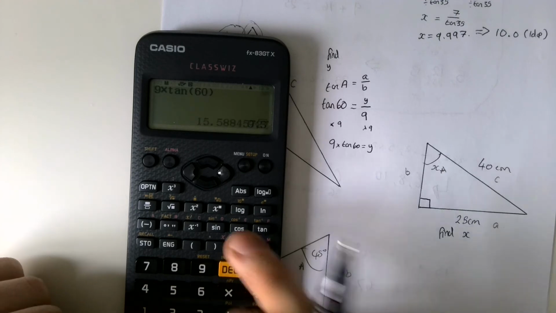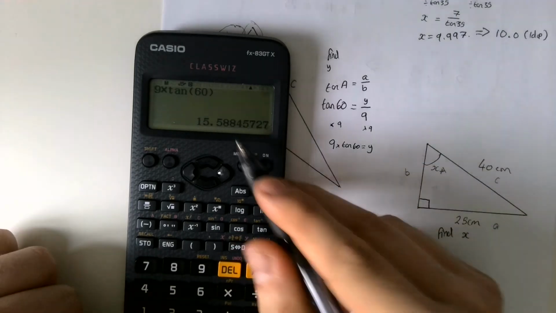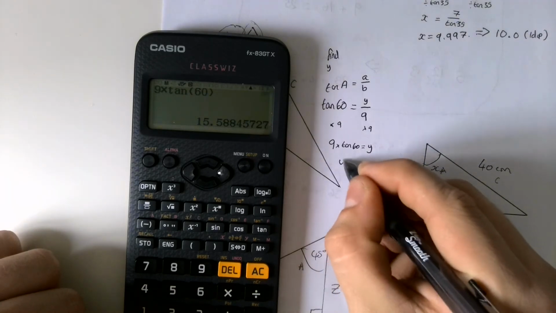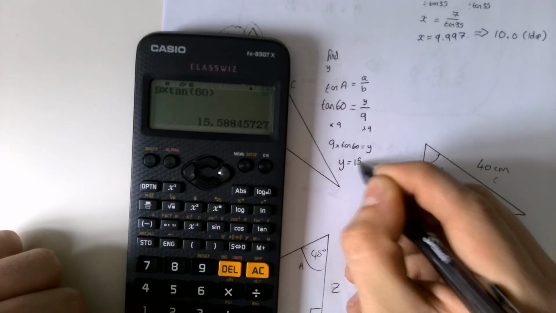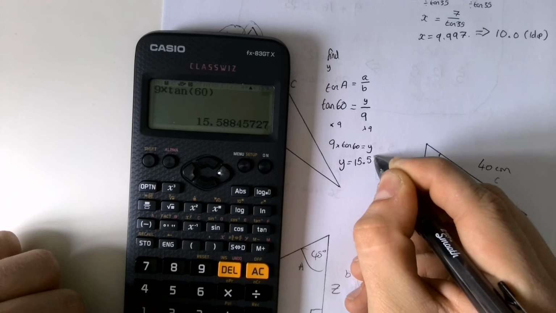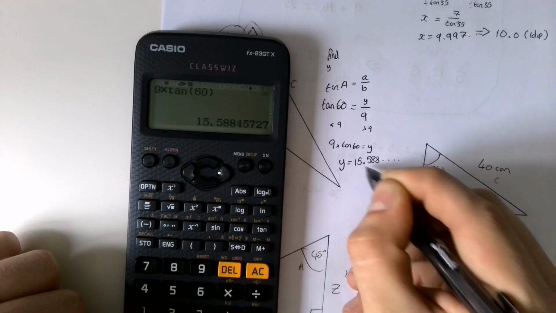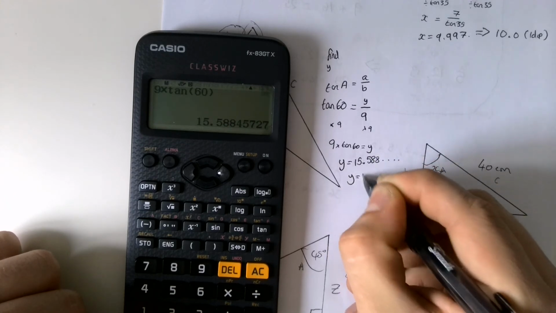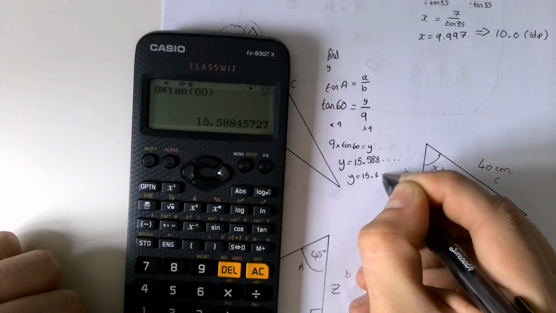Okay, I'll press S to D and it gives me that number there. So Y is equal to 15.588, or 15.6 to one decimal place.